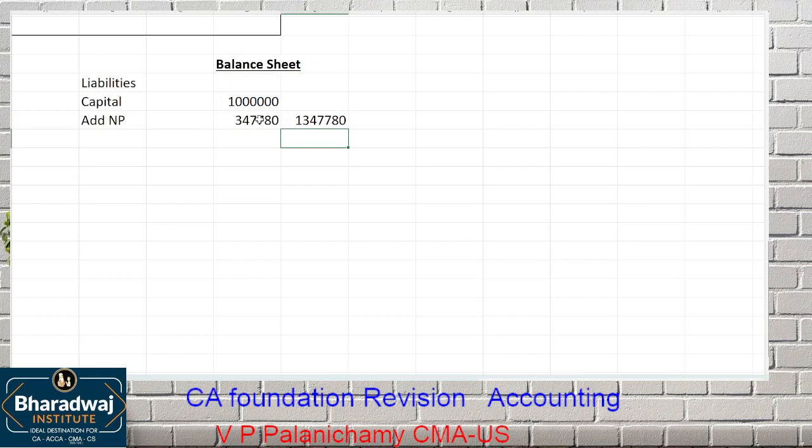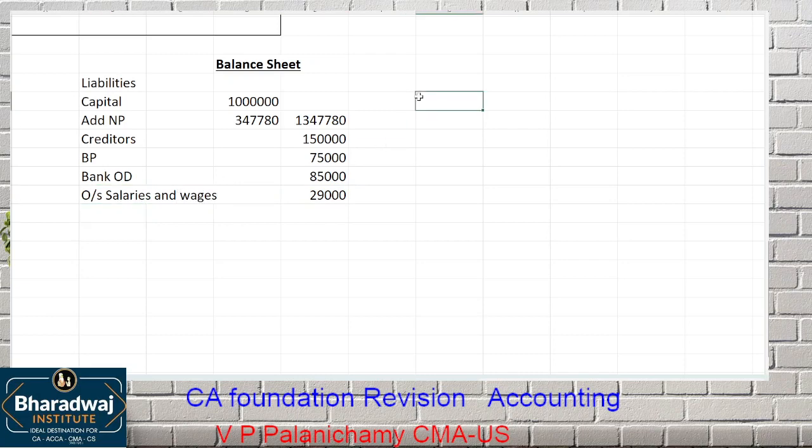Then what are the other things in the liability side? Creditors 1,50,000. Then 85,000. Then outstanding salary payments 29,000. Then 9,000. Wages okay.